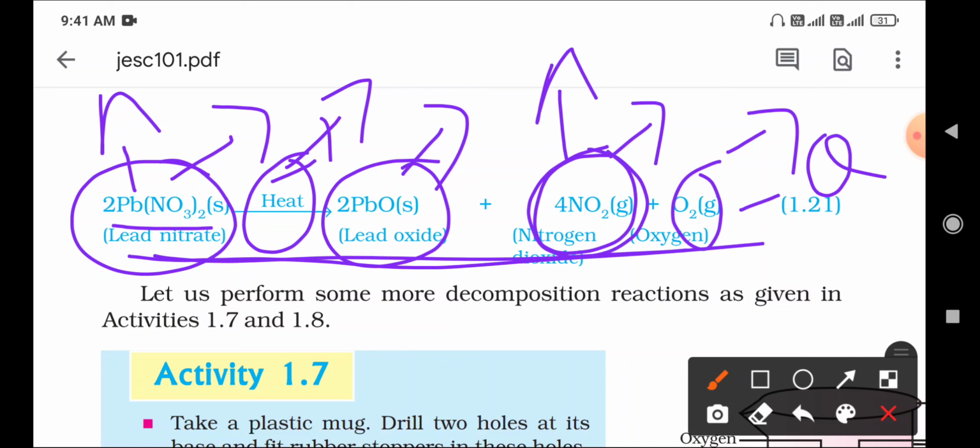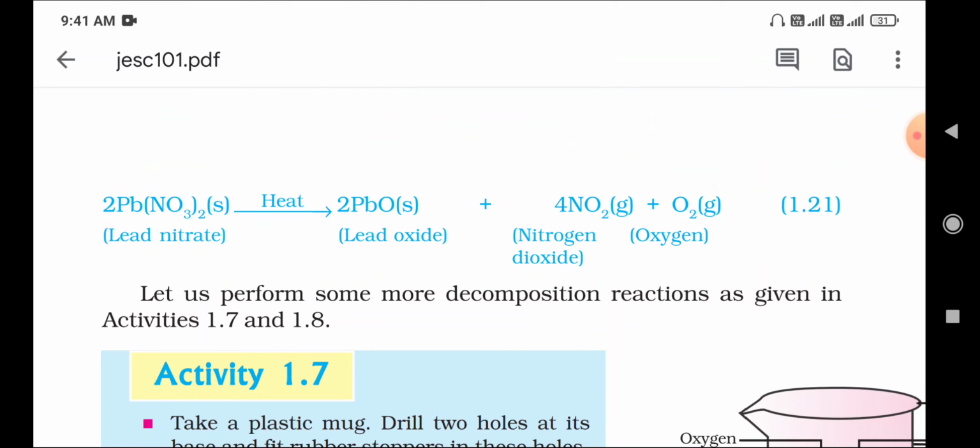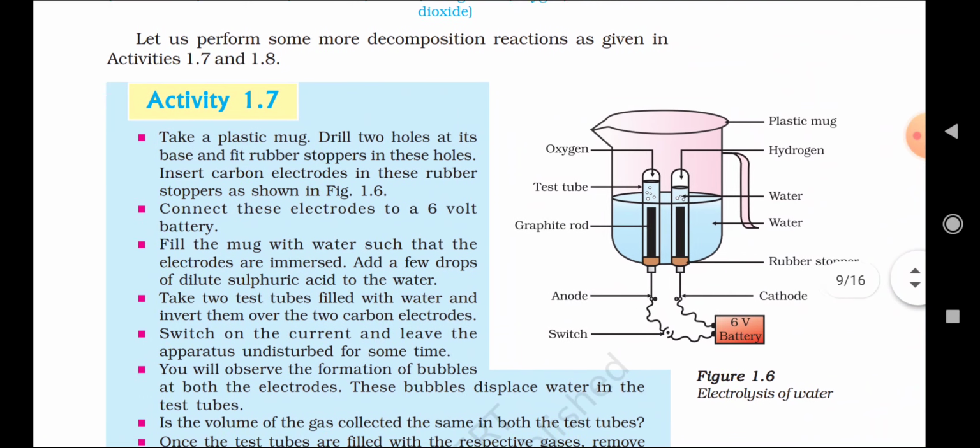Whenever they ask about thermal decomposition, combination reaction, or decomposition reaction, you should always write the chemical equation. The chemical equation is very important. So always write a chemical equation. That will give you the marks. Otherwise they will reduce the marks.